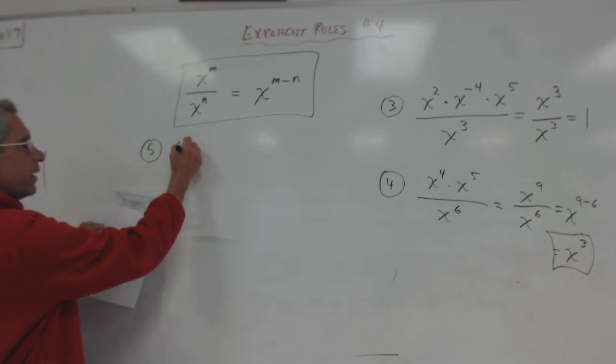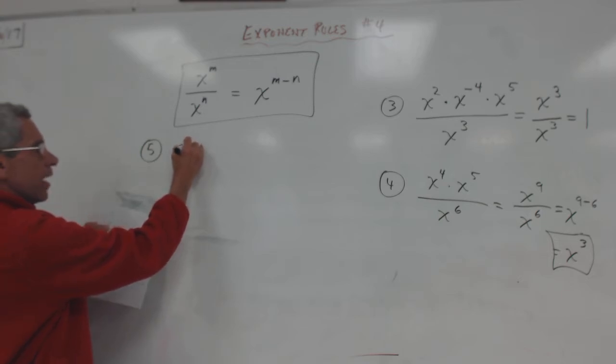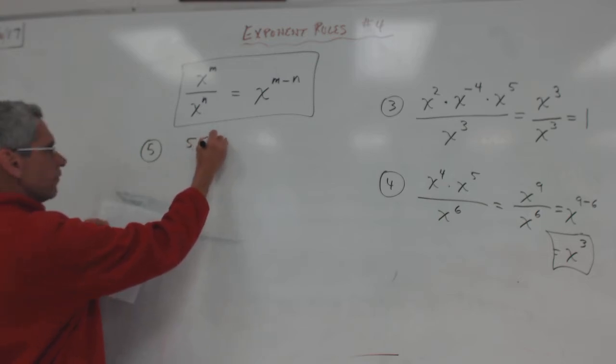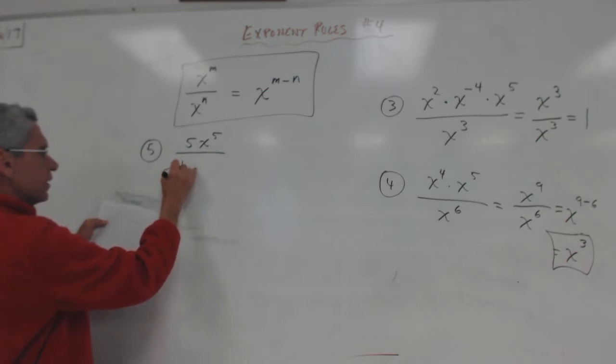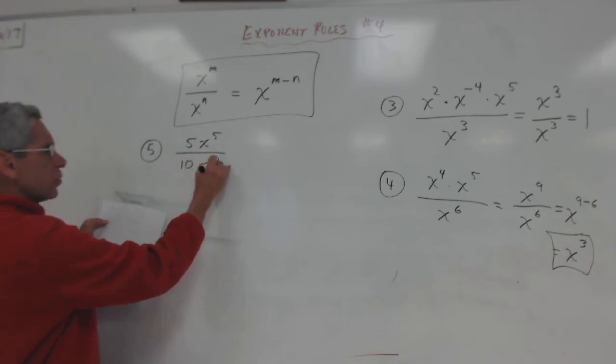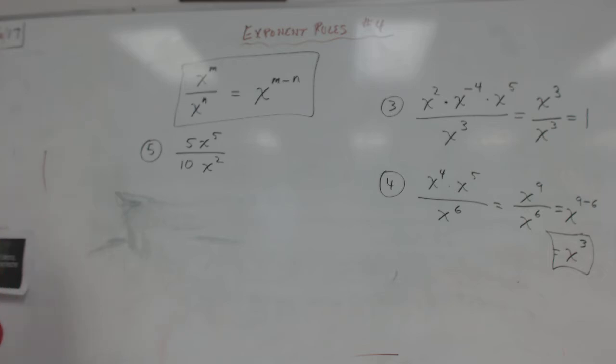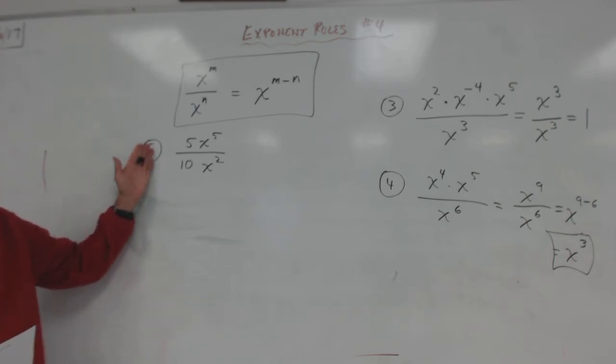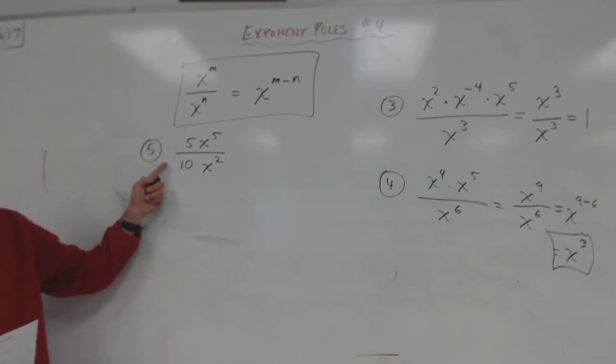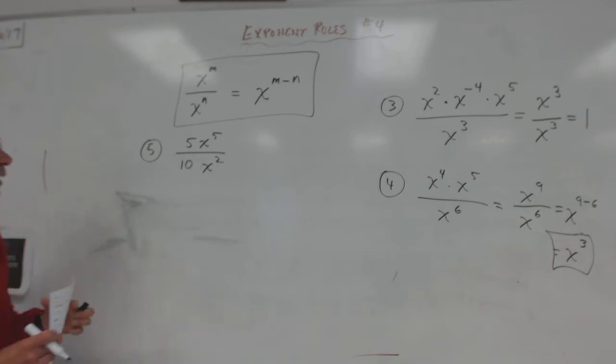All right. Let's say I gave you 5x to the 5th over 10x squared. This is combining coefficients, numbers, with the variables, right?